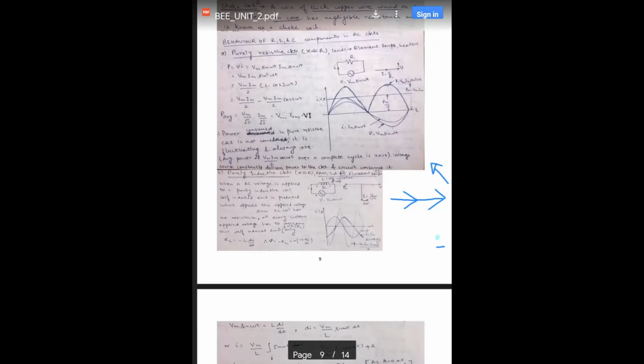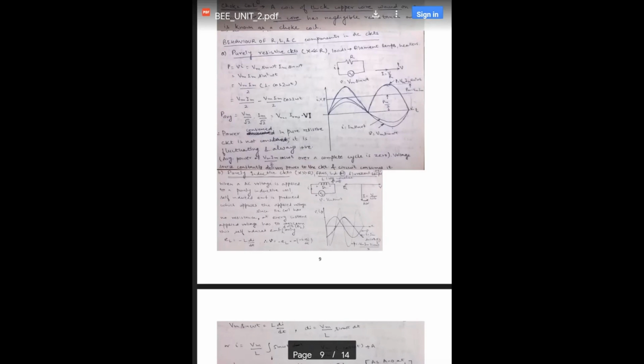But if R is more, then the current phasor will have greater magnitude and voltage will have lesser magnitude. And if R is more than 1, then current is here and voltage is here. So it is just a representation, and it is more applicable when we are doing the numericals. When we are just solving this derivation, it's fine always.